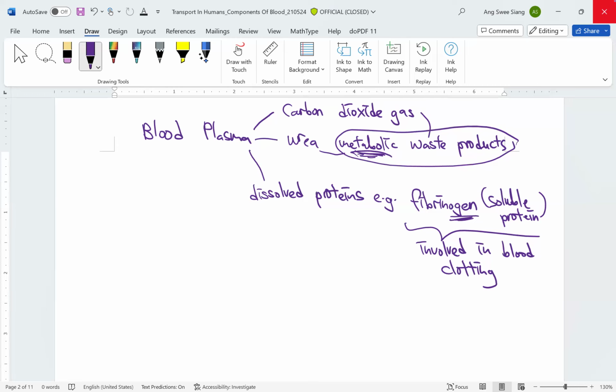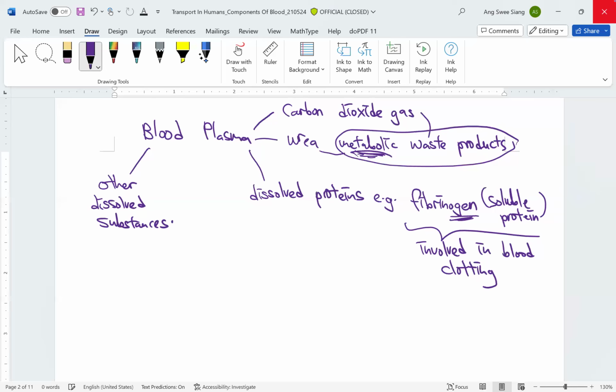Then the blood plasma also contains all other dissolved substances, which I'm not going to talk about. You can go and read your textbook. I'm just going to focus on some of the more important parts, so please go and read your textbook.